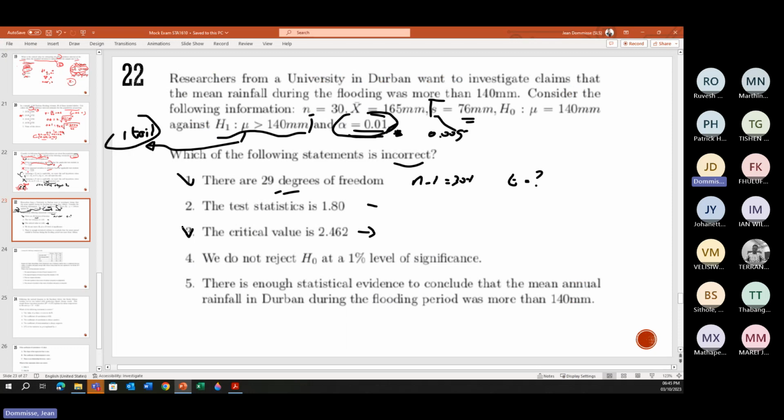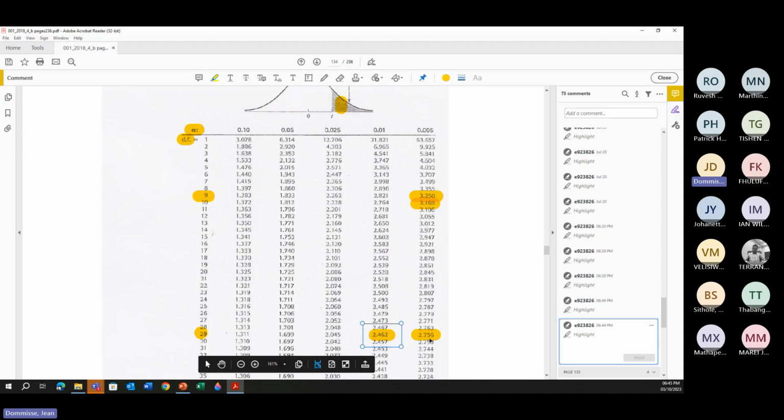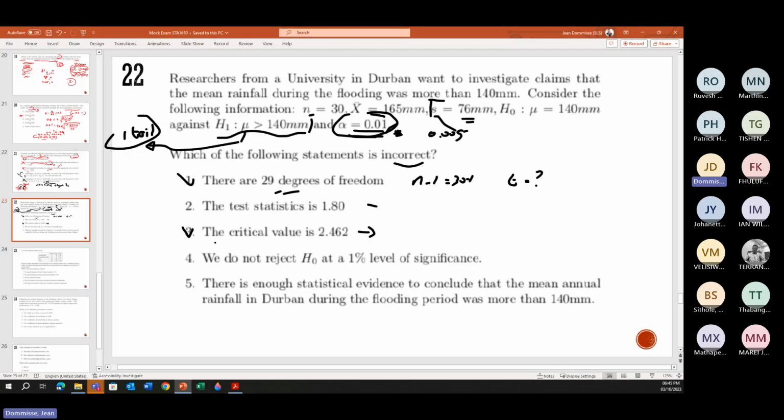So very easily, I was going to say the critical value is 2.756, and then I would have been wrong, because I would have said that one is incorrect, but I would have been caught out because we're working with a one tail and not a two tail. So at the beginning, we identified one tail.